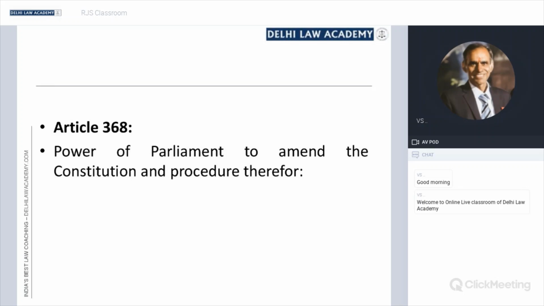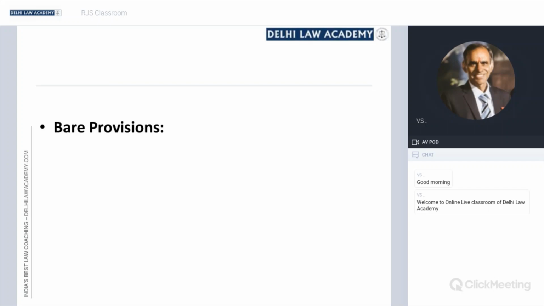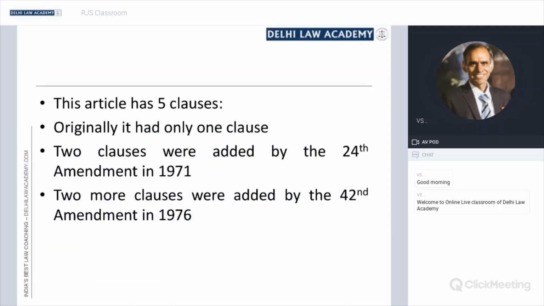So there is only one article which deals with the power of Parliament to amend the Constitution. It also contains the procedure for the amendment. Let us first see the bare provisions of Article 368. This article has 5 clauses.